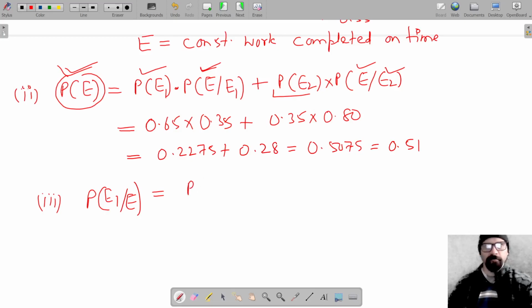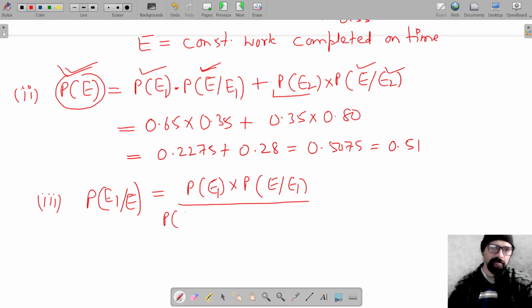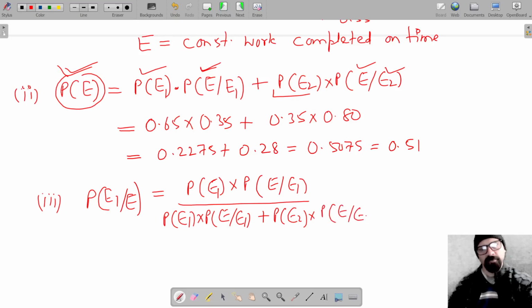So E1 by E is the probability of E1 into the probability of construction work being completed when all the workers are not present, that is E by E1, upon that plus the second event, when all the workers are present, and the probability that construction work is completed when all the workers are present.